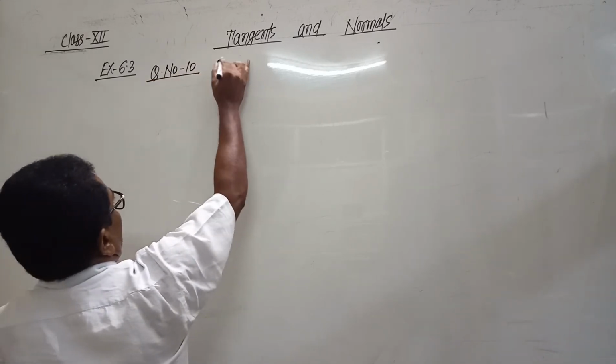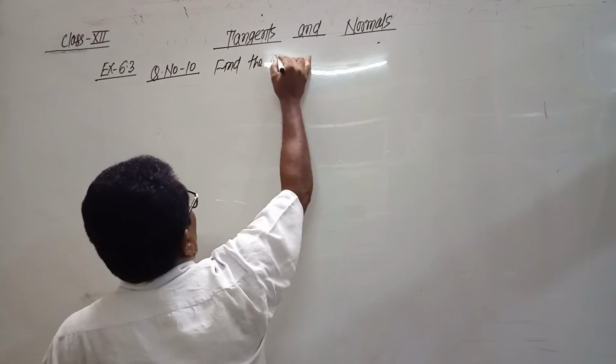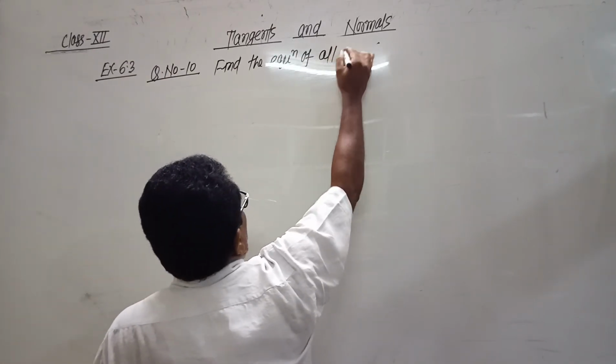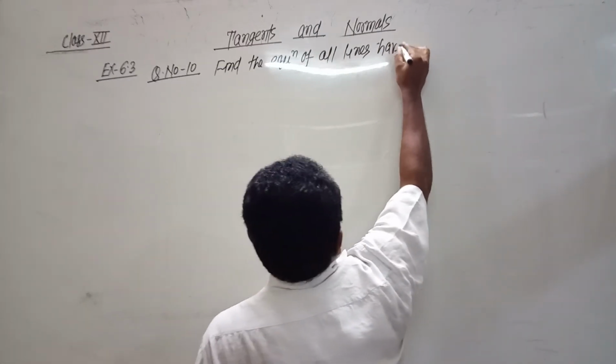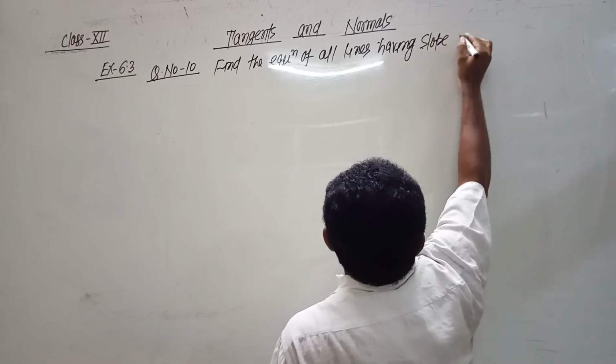Find the equation of all lines having slope minus 1.